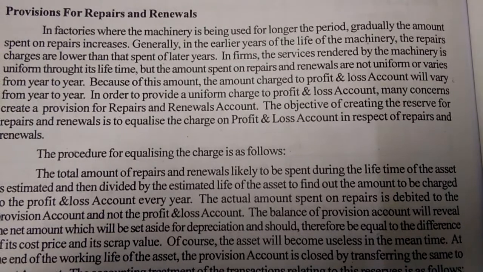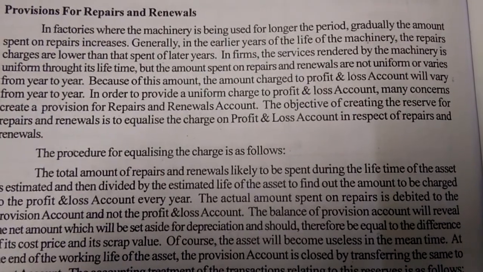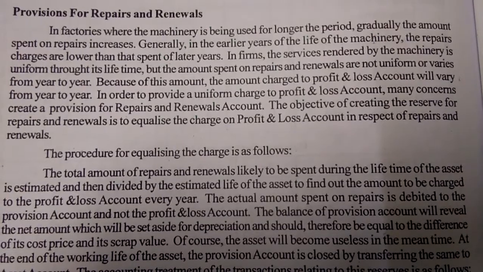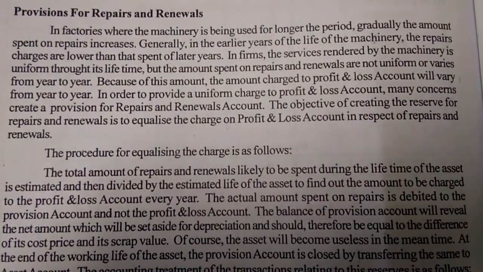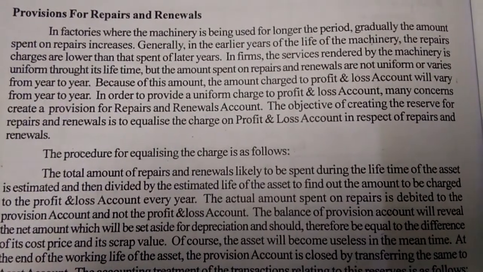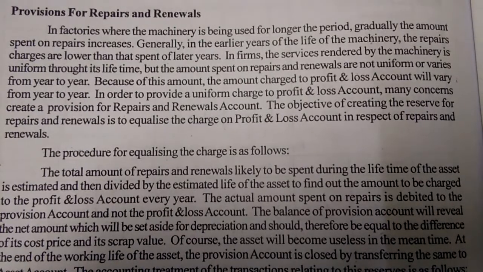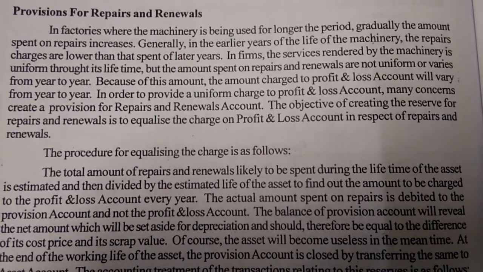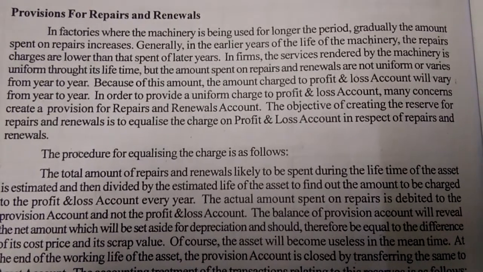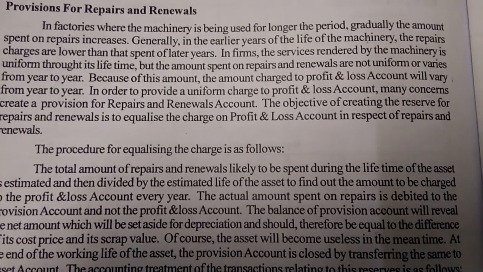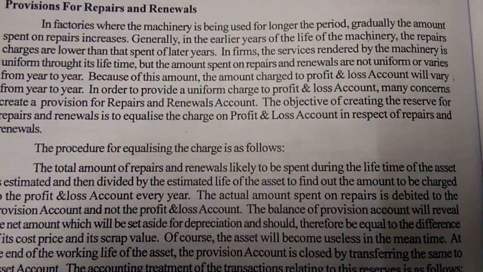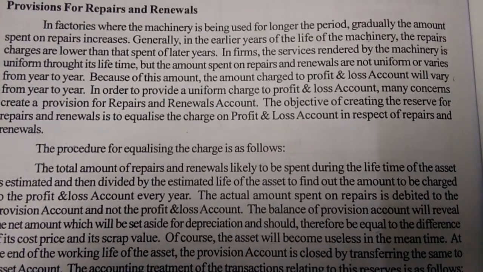In firms, the service rendered by the machinery is uniform throughout its lifetime, but the amount spent on repairs and renewals is not uniform and varies from year to year. Because of this, the amount charged to profit and loss account will vary from year to year.